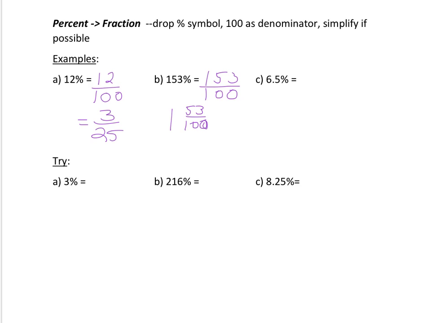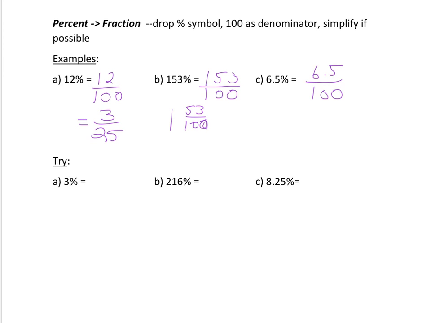6.5%, we're going to drop the percent symbol, put 100 as a denominator, and so we get 6.5 over 100. We cannot leave it in that form because we can't include a decimal in a fraction. So in this example, instead of factoring out a 4 like we did in question A, we're going to multiply the numerator and the denominator by 10 or 100 or 1,000 or whatever we need to get rid of the decimal in the numerator.